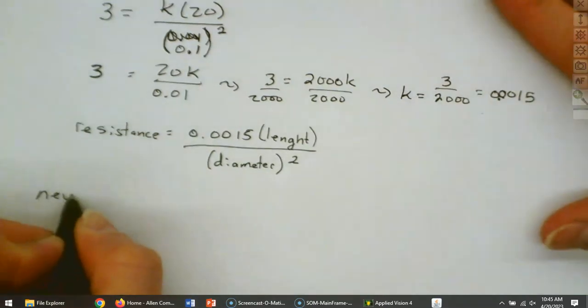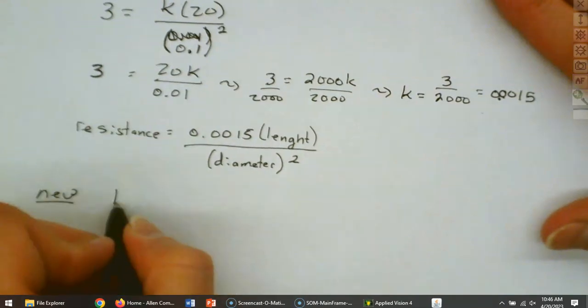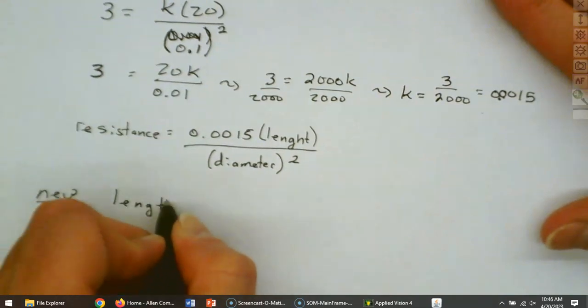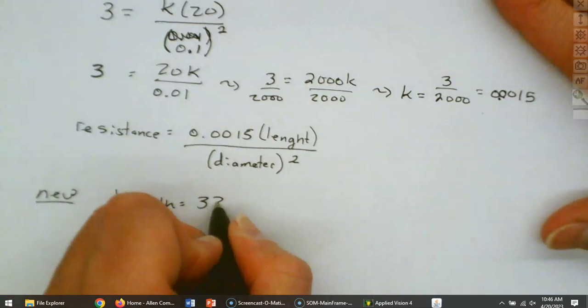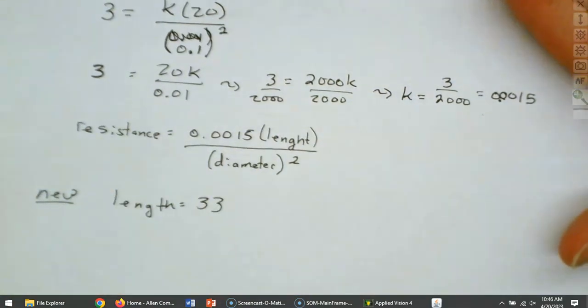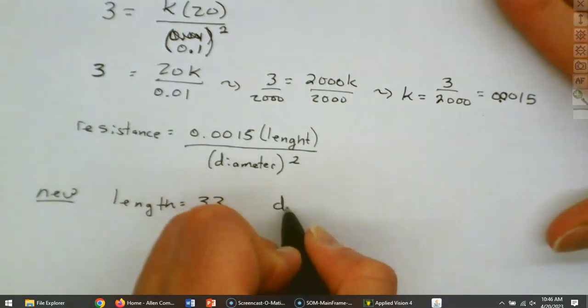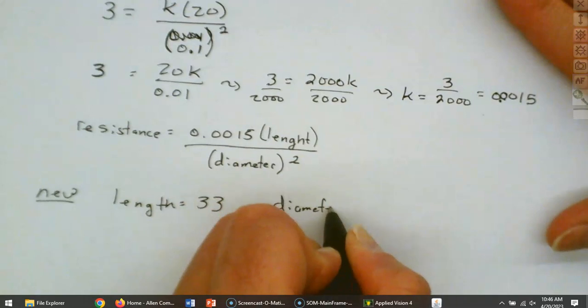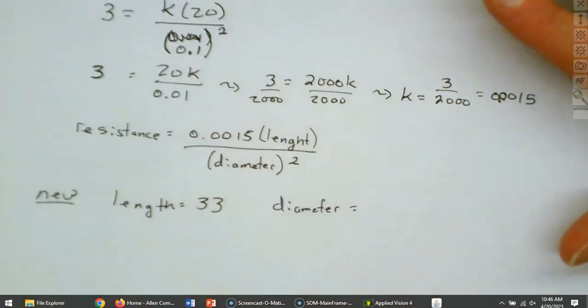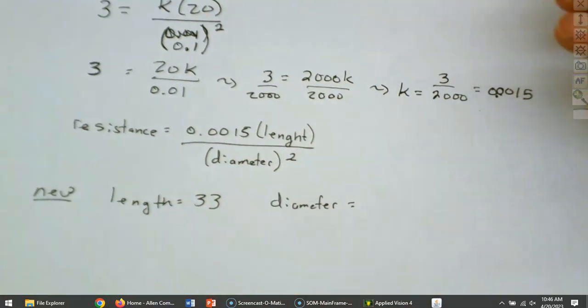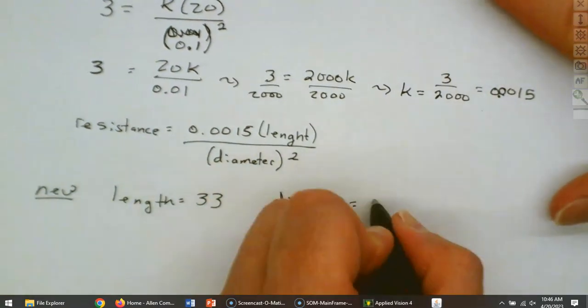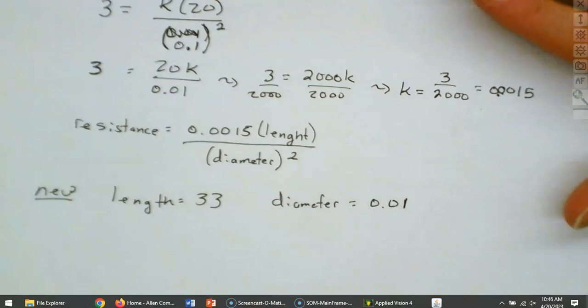So new values we're going to be using. We've got a new length. We increased it to 33. Longer the wire, more resistance. That makes sense. And the diameter has been changed, and the diameter is now 0.01.